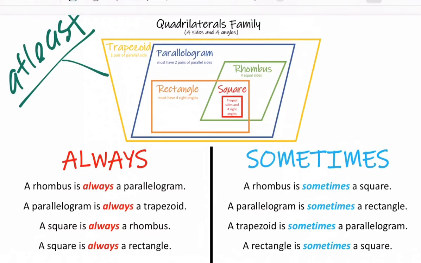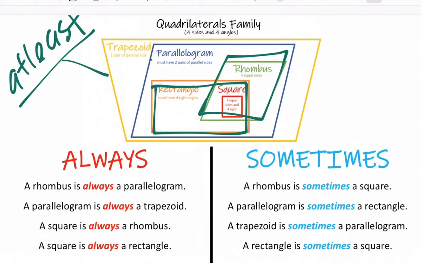And a parallelogram is always going to be a trapezoid, because the trapezoid's definition is at least one pair of parallel sides, and the parallelogram has two. So it has at least one, right? A square is always going to be a rhombus, because a square is in this diagram right here. And a square is always going to be a rectangle because it's in the rectangle right here.